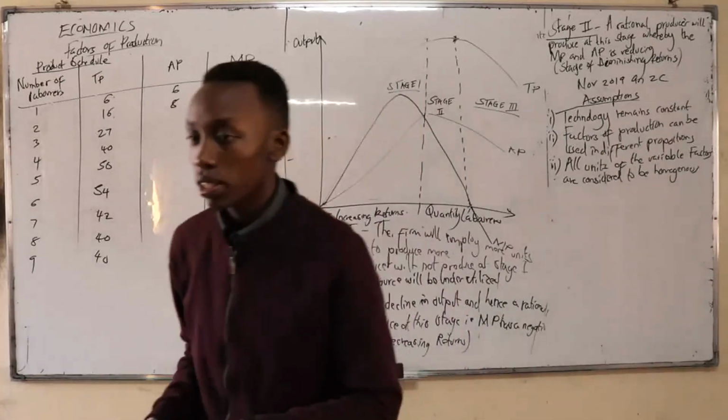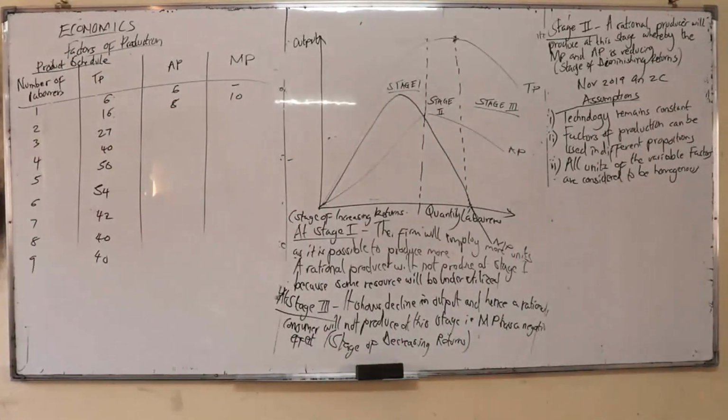So these are some of the assumptions that were being asked in that question. By explaining any two of them, we will have gotten the 4 marks.